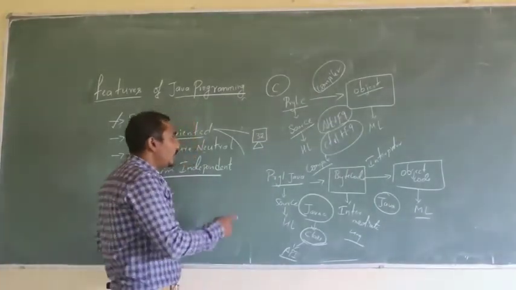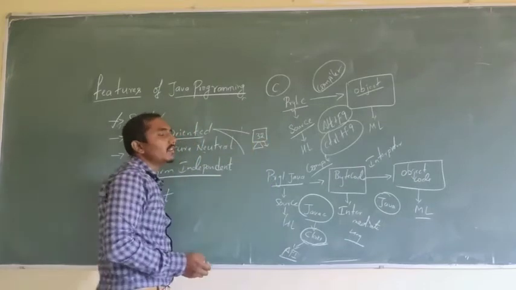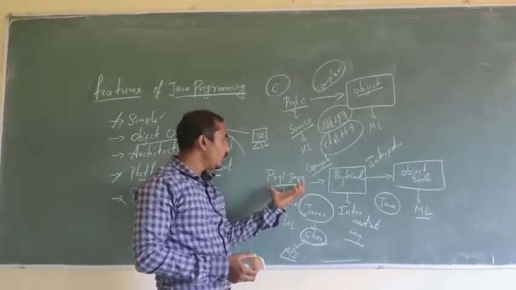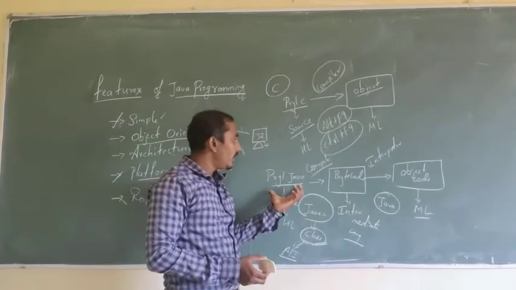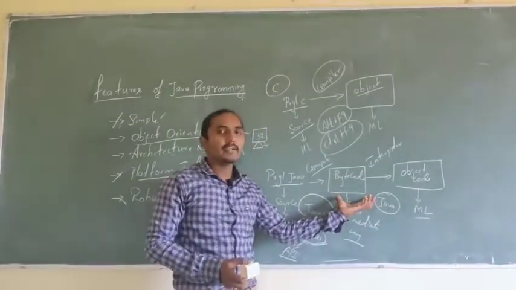Now if I do the same thing in Java, what will happen? The same Java program, if I execute it in this 32-bit system, instead of directly generating machine level language, it is going to generate bytecode.